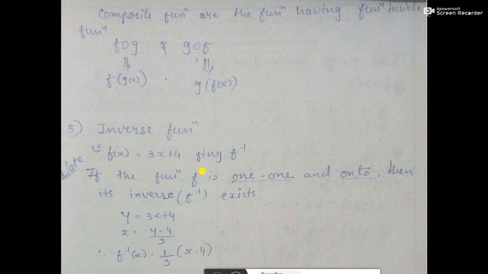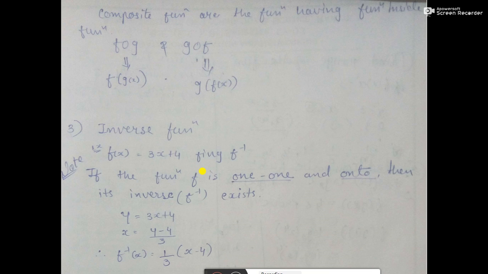Here you may see that 1 to 1 is written. It means if different elements in the domain have distinct images, then it's called 1 to 1. It means if f of x1 is equal to f of x2, then the values of x1 and x2 remain the same.